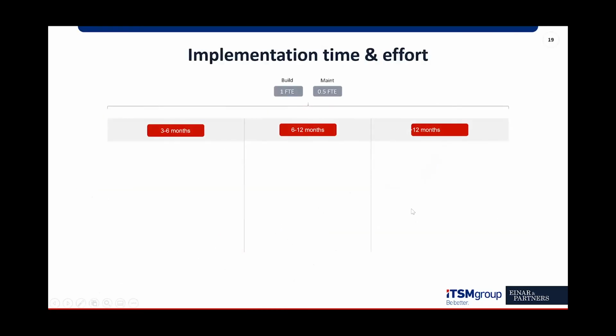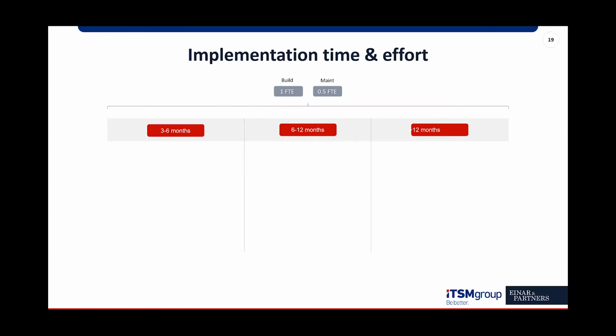Some hard numbers and data around implementation time and effort. This is of course not always true, and it's not written in stone, but it should give you a fairly accurate indication of the actual effort you can expect to be spending. During the build phase of business innovation, especially around service mapping, and when I say build phase, I mean when you're actually starting to implement it, that typically requires one full-time employee.